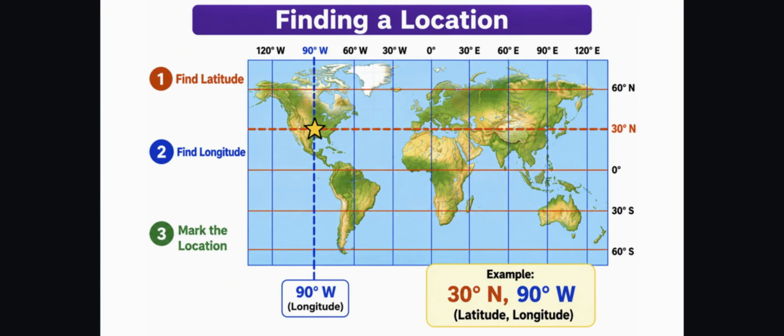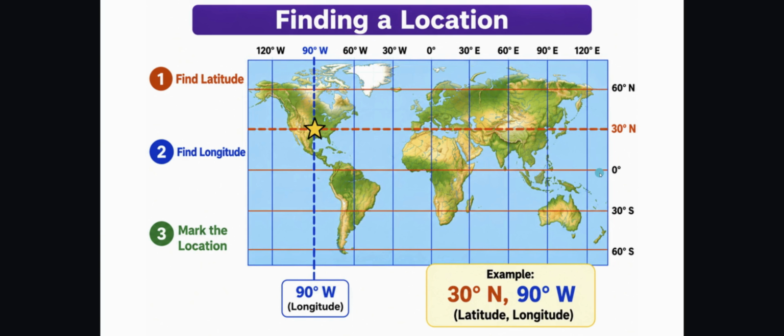All right, finding a location. Now let's put everything together. Finding a location is easy when you follow the same steps every time. First, find the latitude. Start at the equator, right here, 0 degrees, and move either north or south until you reach the correct latitude line.